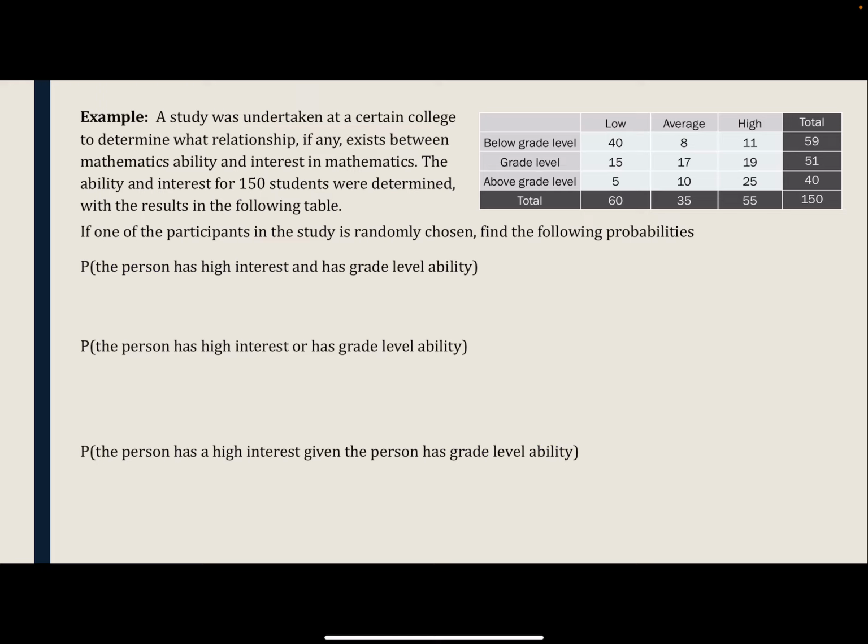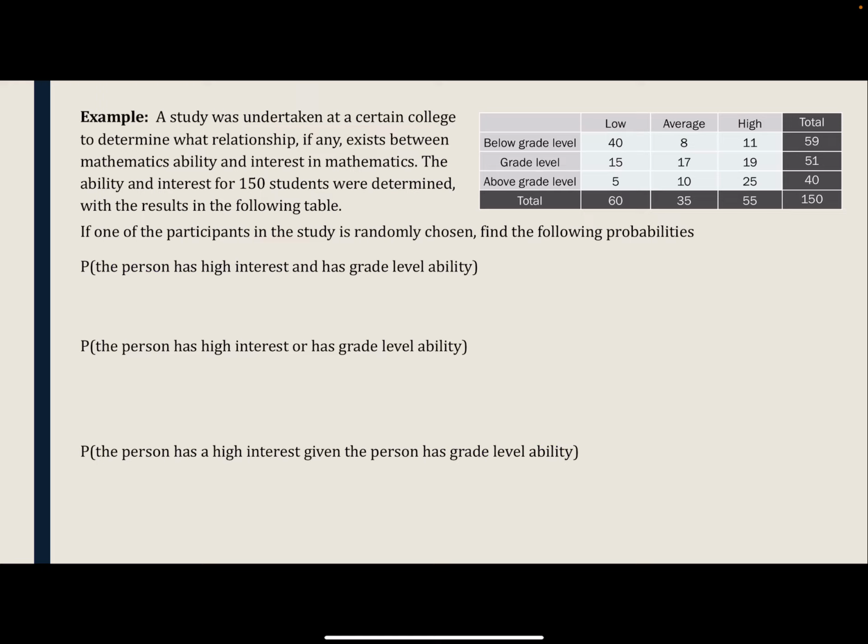It says a study is undertaken at a certain college to determine what relationship, if any, exists between mathematics ability and interest in mathematics. The ability and interest for 150 students was determined, and the results are in the following table. If one of the participants in the study is randomly chosen, find the following probabilities.